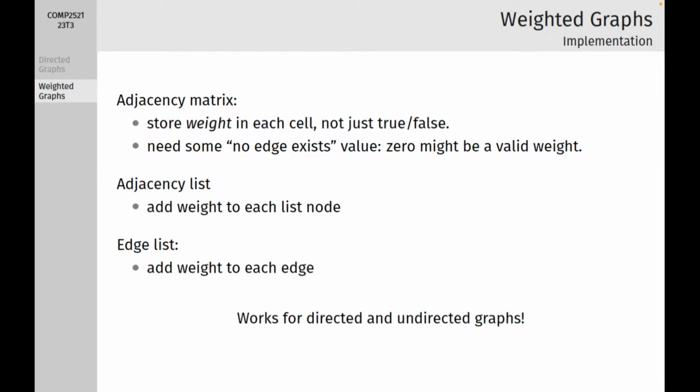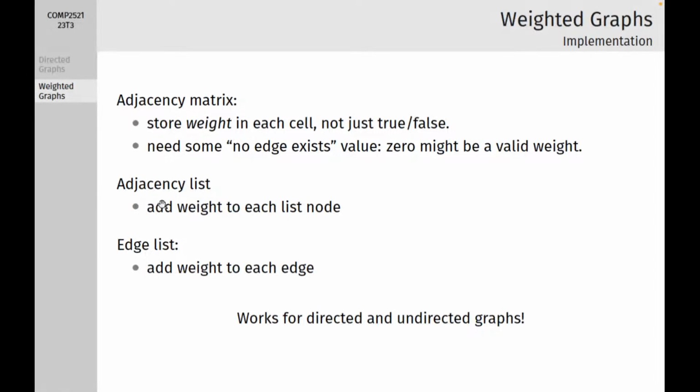Just a slight implementation detail: there needs to be a value that represents no edge. In cases where you know that the edge weights are going to be positive, you can use 0. But in some cases, maybe you do have edges with weight 0, then you need to be careful and choose a value that can't be an edge weight.